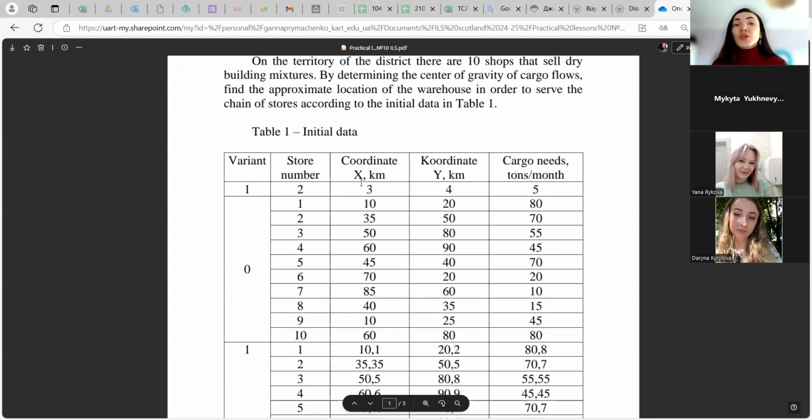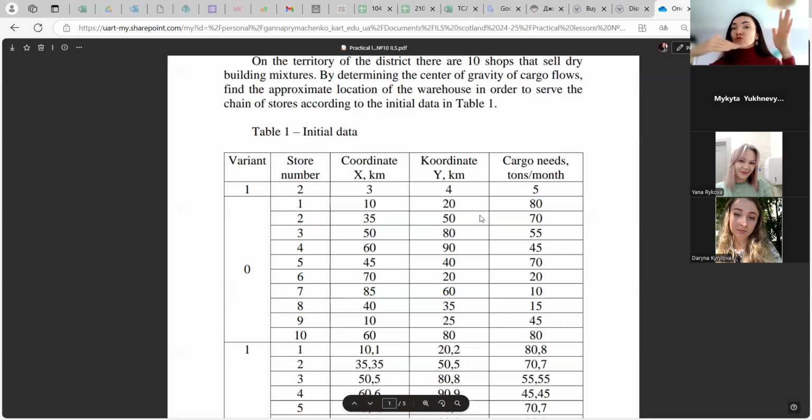We have coordinate X and coordinate Y in kilometers, showing where every store, every shop, is located. I will change the column labels later. And we also need information about cargo needs, in tons per month.